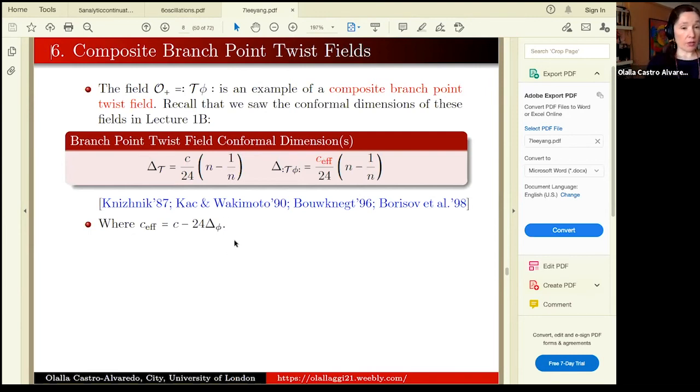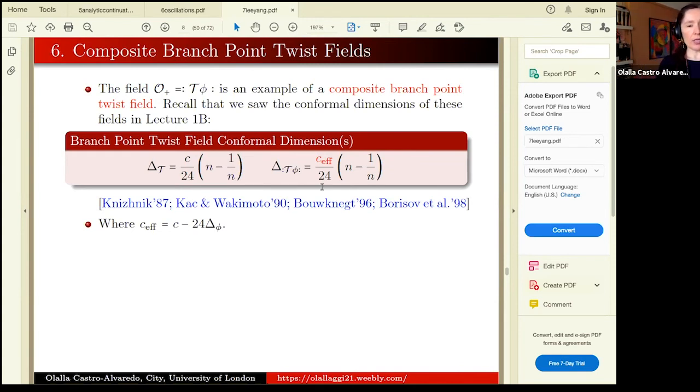This effective central charge is a number that plays a role often in non-unitary conformal field theories. So you have theories where c is negative, but it turns out that if you subtract a certain quantity, the resulting c effective is actually positive. And this c effective seems to govern the behavior of lots of quantities in non-unitary CFT and in perturbations thereof.